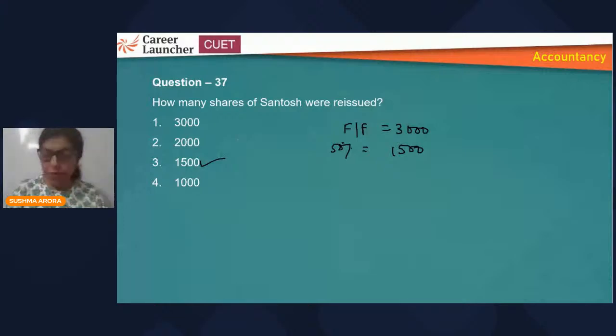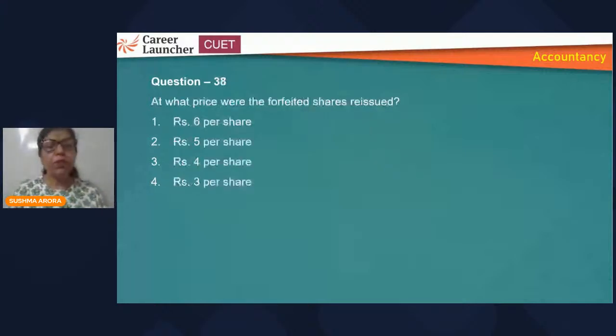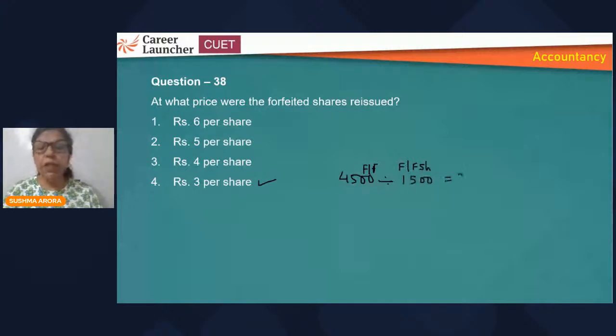Now, at what price were the forfeited shares reissued? See, answer is 3. How? 4,500 is the forfeited amount divided by forfeited shares, that is 1,500 shares. That's why 3 rupees each. This is the amount of forfeiture. So the forfeiture will be 3 rupees per share.